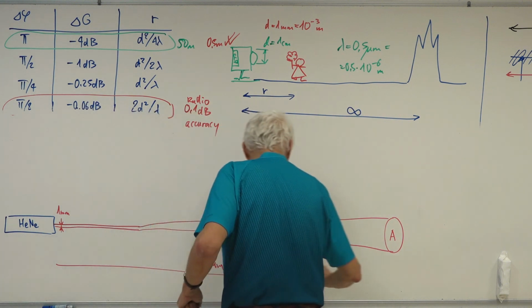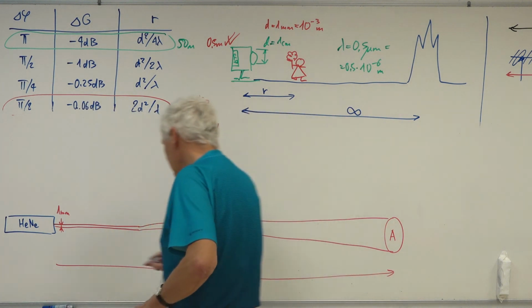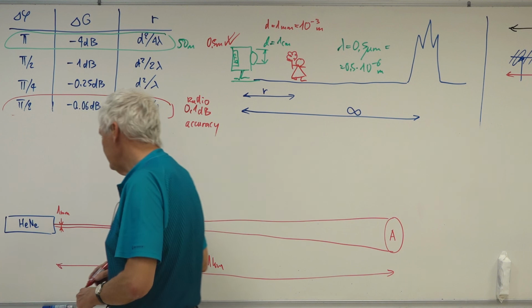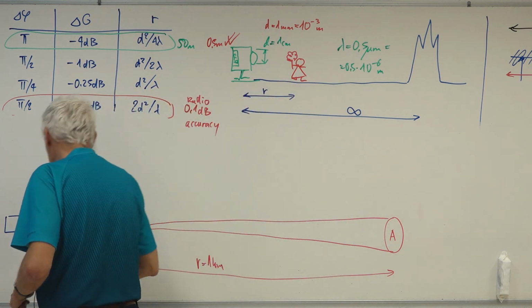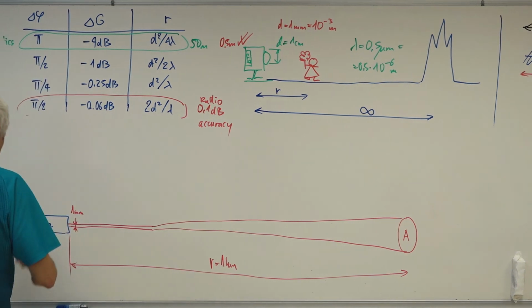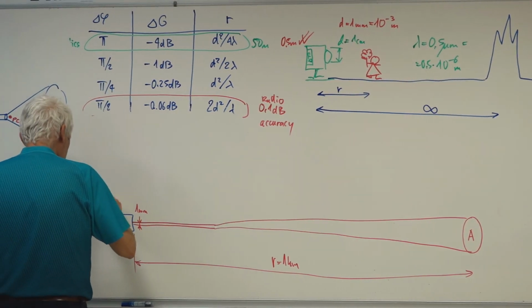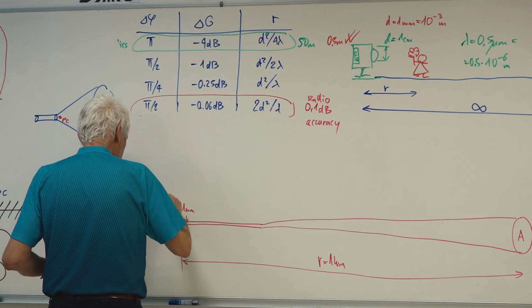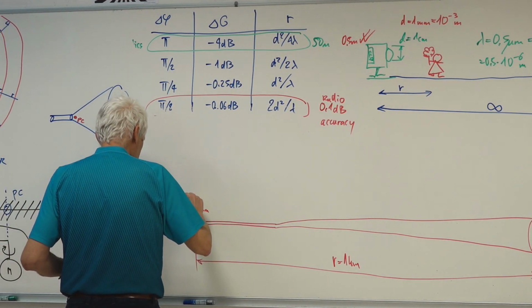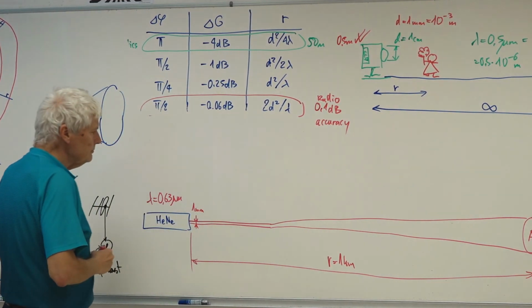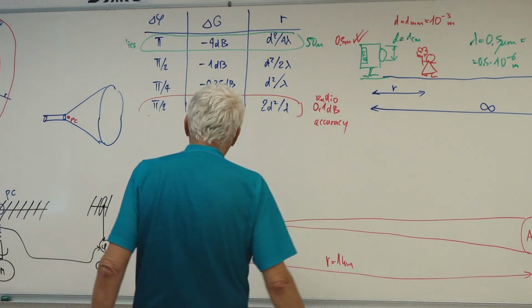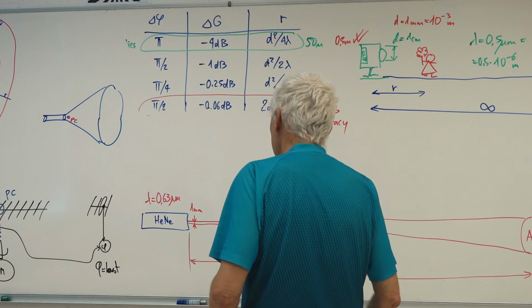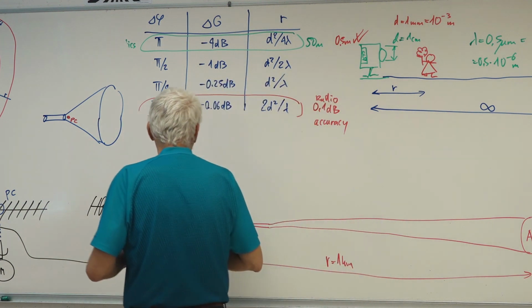What is the area from the laser? So the laser has a wavelength lambda of 0.63 micrometers. With these numbers, I can calculate the directivity of this laser.